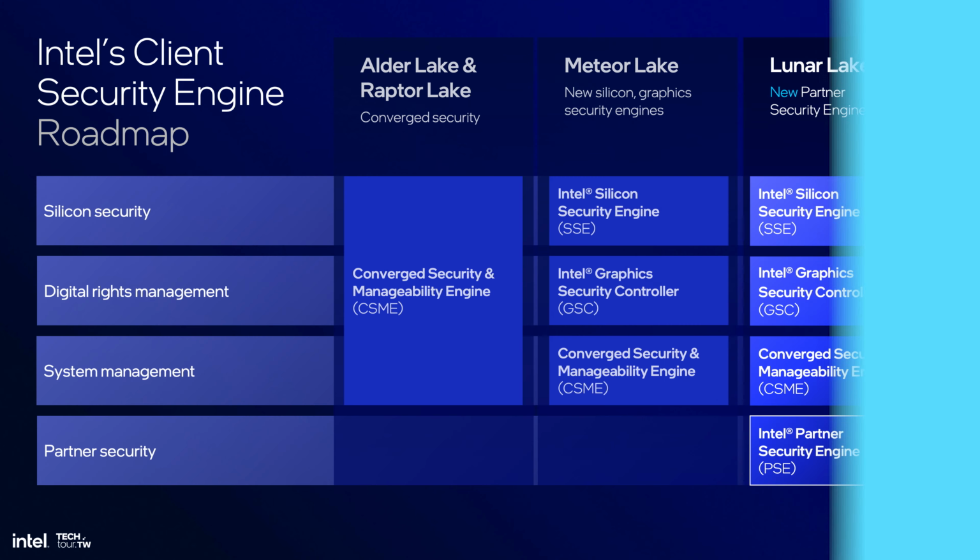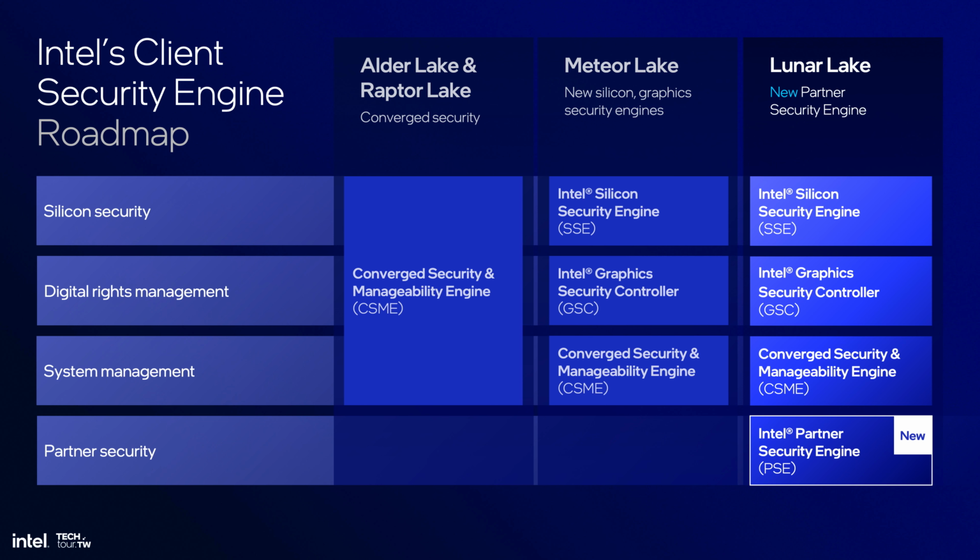But as we moved into Lunar Lake, we saw the need for creating a new security engine for our partners to be able to develop their usages and run it securely on the SoC. So we have introduced a new hardware called the Intel Partner Security Engine on Lunar Lake.